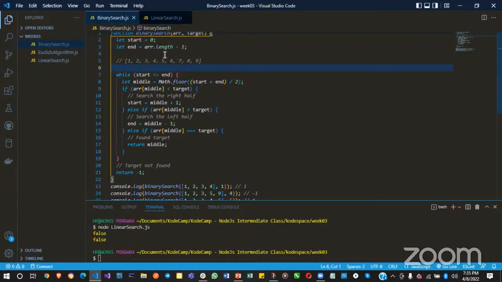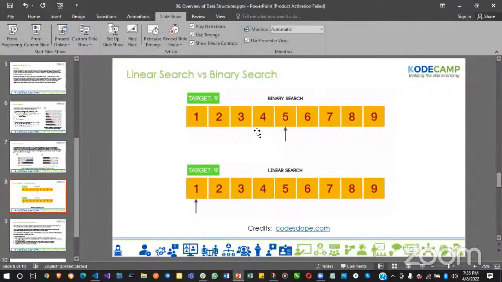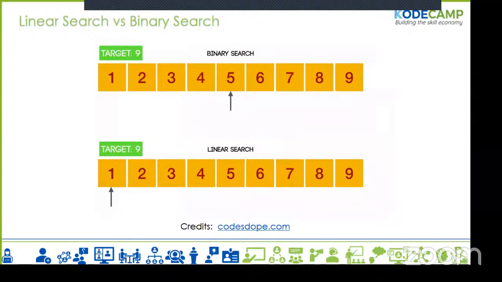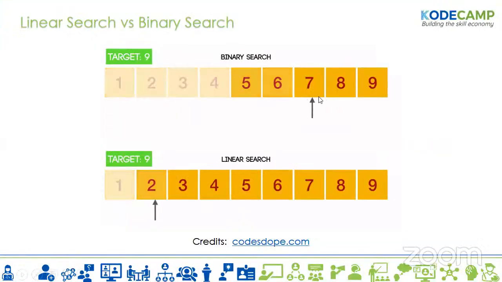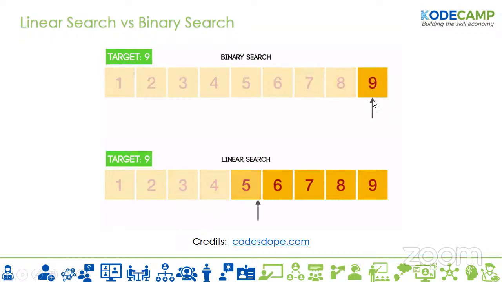So while the start is less than or equal to the end, because let me show you what I'm talking about. If you look at the binary search, you see at 7, you see at 8, and then now we see at 9. And at 9 is the point where the start is no longer less than or equal to the end.